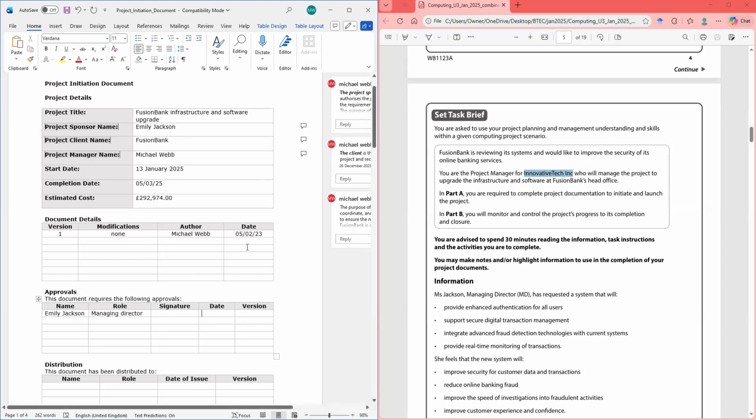No signature. Same date as here. I usually do that. And the version would be 1 again.